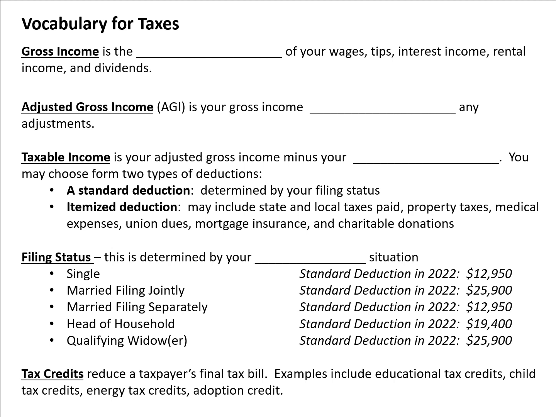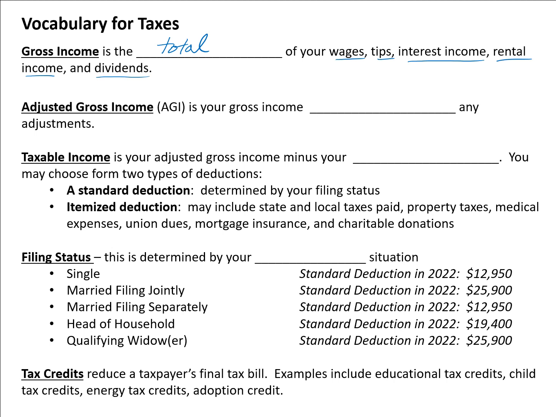Let's clarify some of the vocabulary we're going to use related to taxes. Gross income is the total of all your wages, tips, income from interest, like in a savings account, rental income if you happen to own properties and rent them, and dividends for the year. So it's all of your income. Gross income is another way of saying total or all of your income for the year.